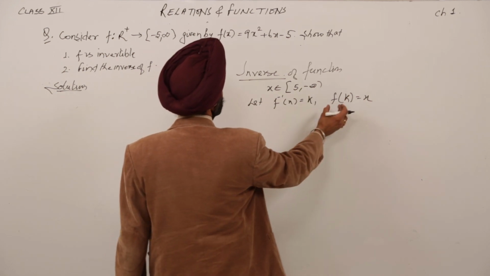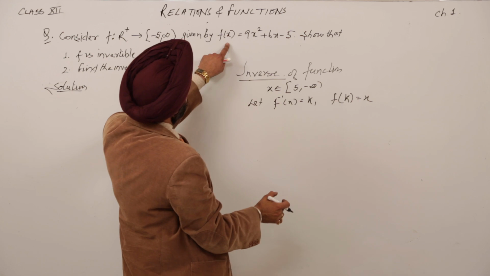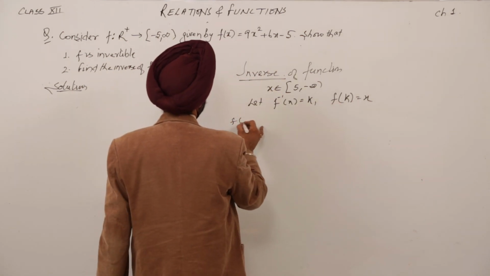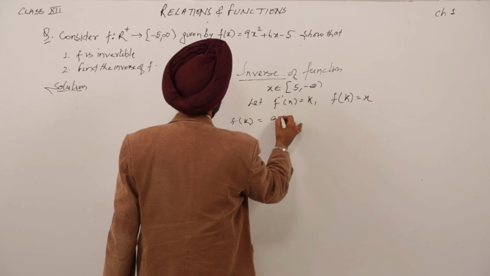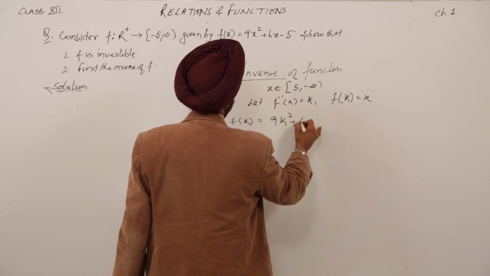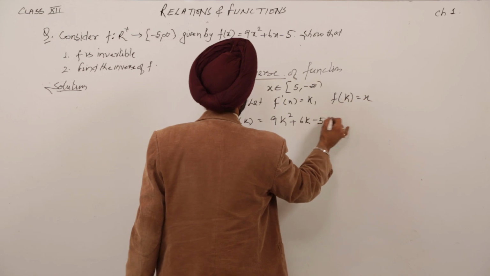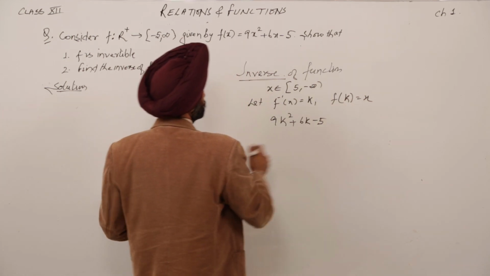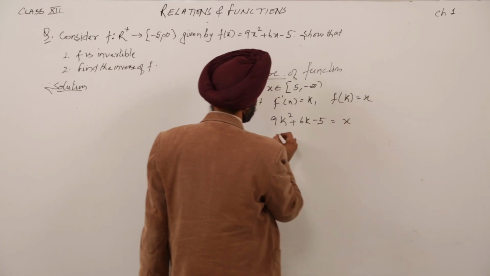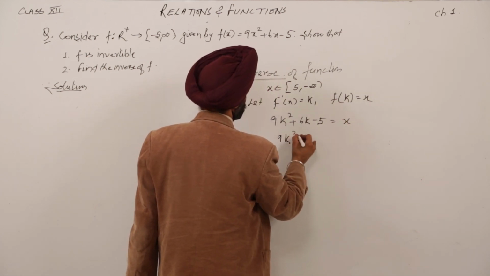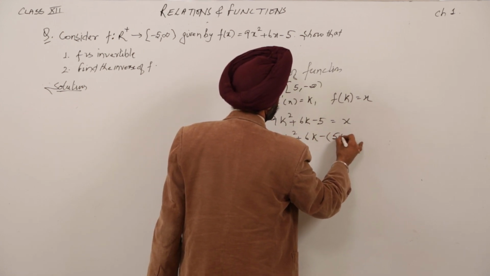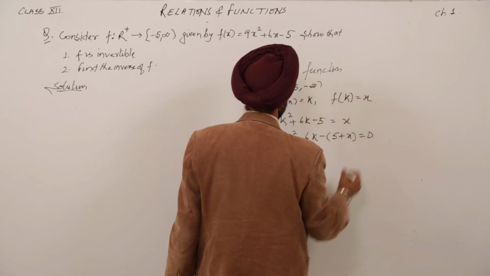Here it was f(x) is equal to 9x square plus 6x minus 5 plus k. Now we can write f(k) is equal to 9k square plus 6k minus 5 plus k. Now f(k) is equal to x, so we can mention it as x. Now we are having 9k square plus 6k minus 5 minus x is equal to 0.